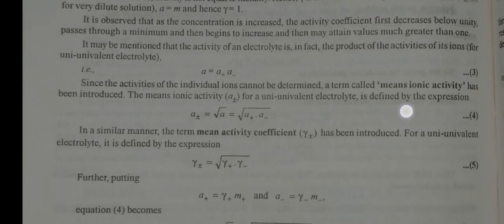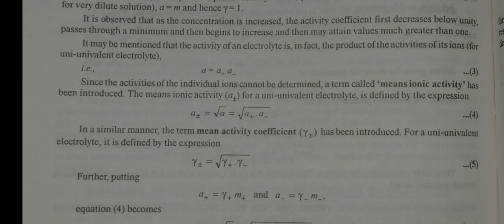Since the activity of the individual ions cannot be determined, a term called mean ionic activity has been introduced. The mean ionic activity for a univalent electrolyte is defined by the expression a positive negative is equal to under root a, which is equal to under root a positive into a negative.